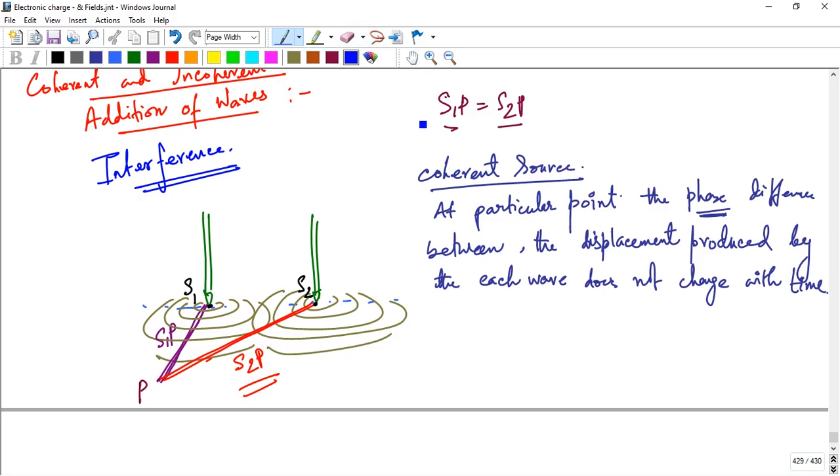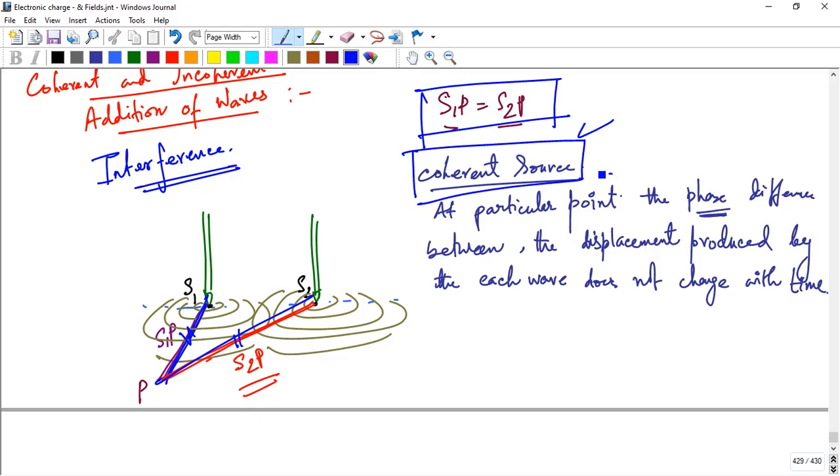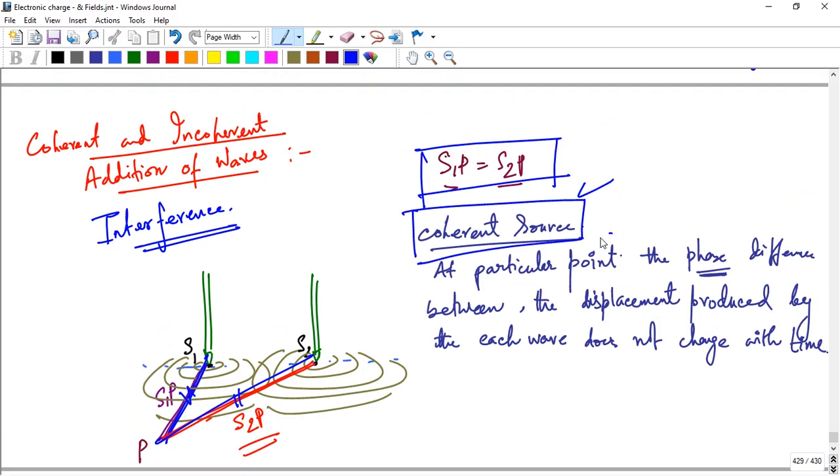This means these two displacements are the same for coherent sources. These are coherent sources, and here we discuss the interference. Interference means I vectorially add these two waves.